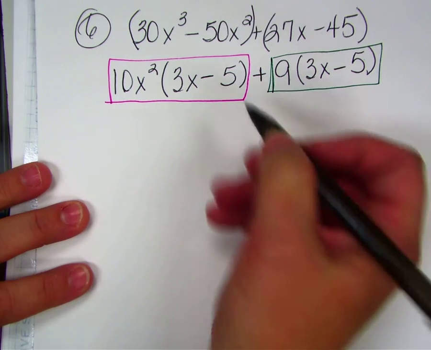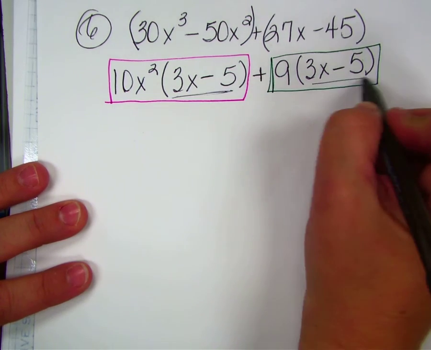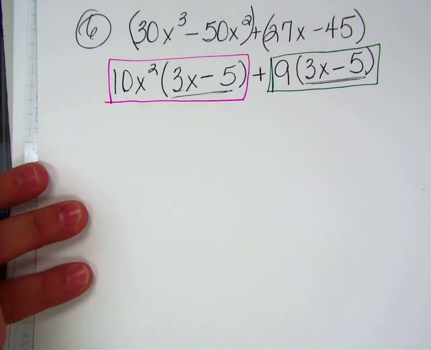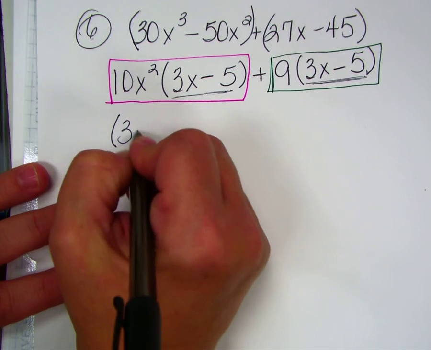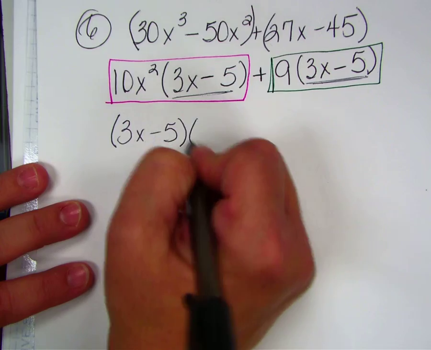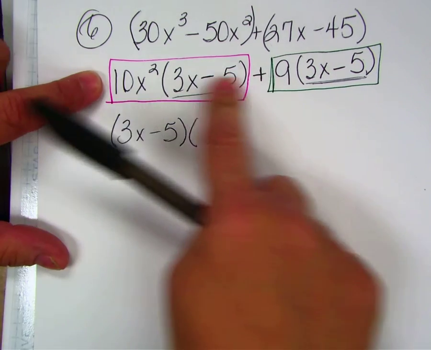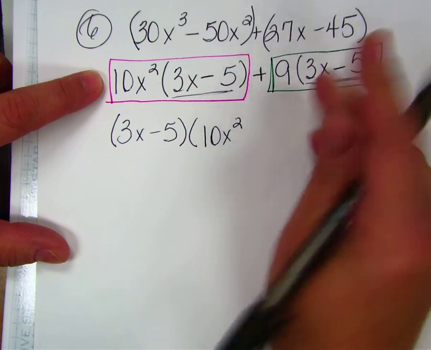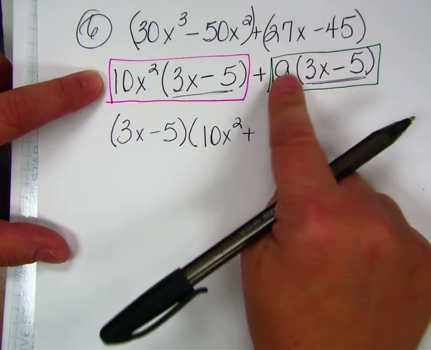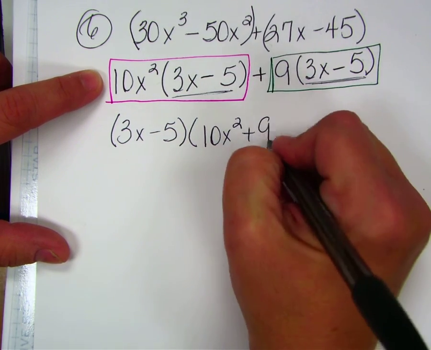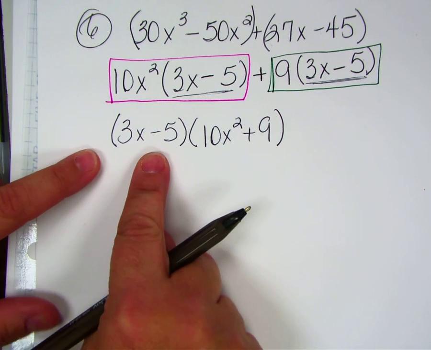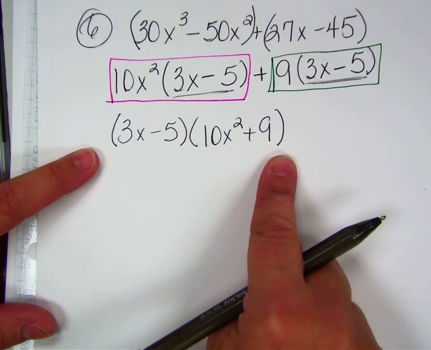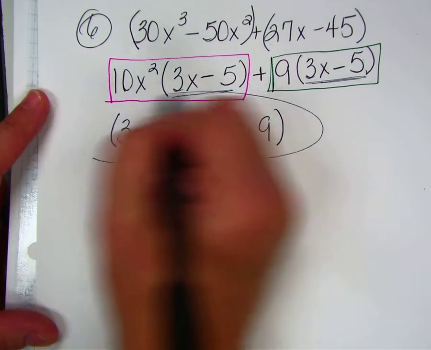They both have a 3x minus 5. So I can factor that out. Now what does that leave me here? Leaves you a 10x squared. And I got a plus sign there. What does that leave me here? A 9. Now that won't factor anymore. So that's as far as I can go.